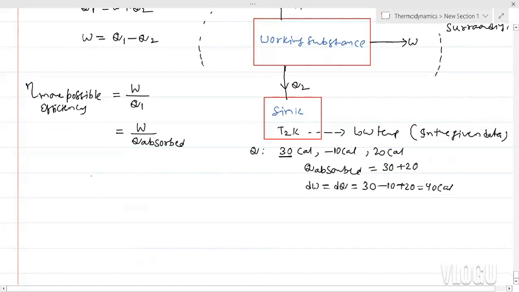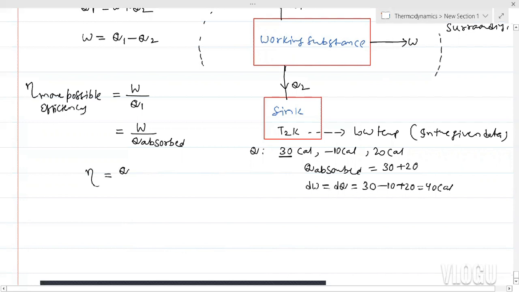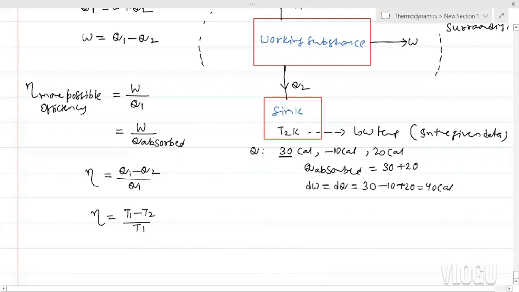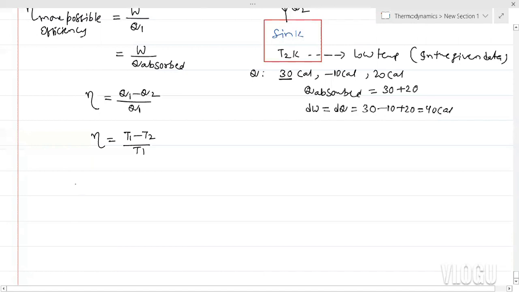This is a good logic. Or we will write eta equals Q1 minus Q2 by Q1, or eta equals T1 minus T2 by T1. Or simply we conclude the maximum possible efficiency eta equals 1 minus T2 by T1.